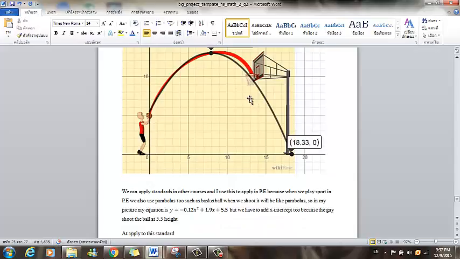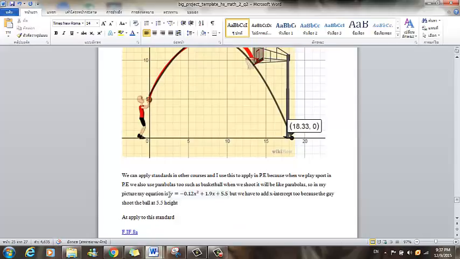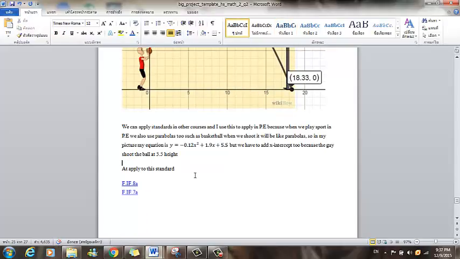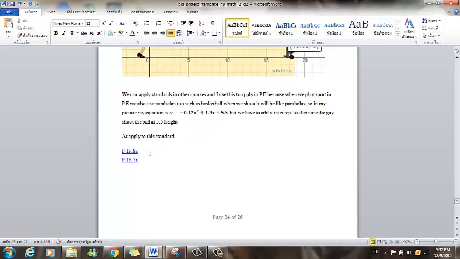We can apply this standard to PE, because when we play basketball and shoot the ball, the path is a parabola too. My picture equation is this, but we have to add the x-intercept because the guy shoots the ball at 5.5 height here. So it applies to the standards FIF8A and FIF7A.